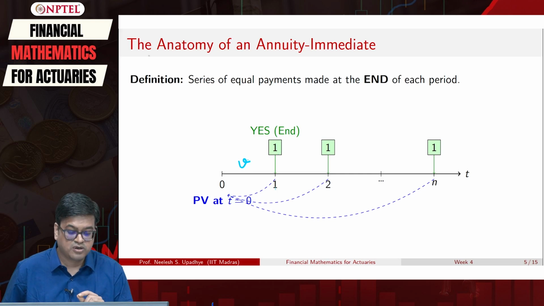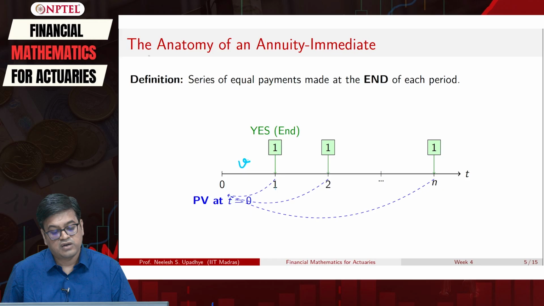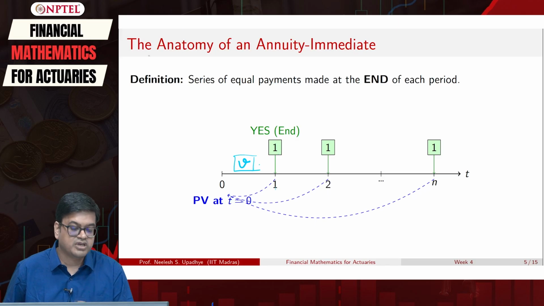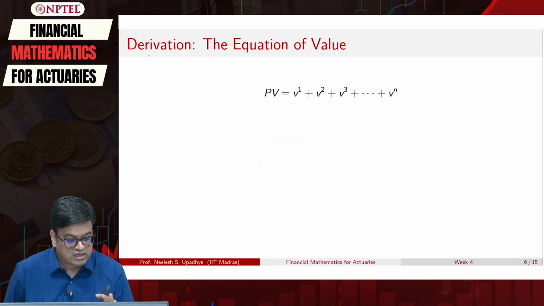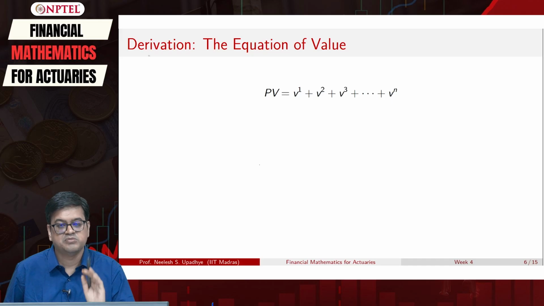This we have already noticed, and now I want to map all these payments to the present value. So, I have to use this V appropriately to give me whatever is the present value. So, once again, I ensure that your annuity immediate is immediately after the end of the period.